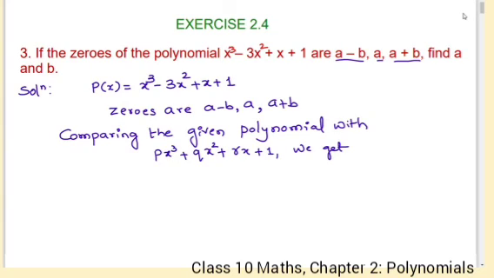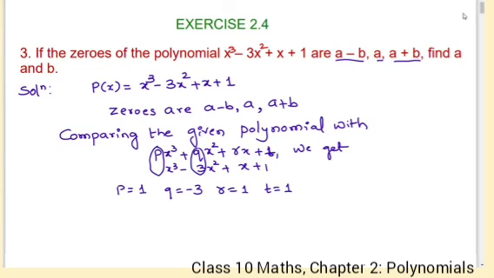Comparing the given polynomial with px cube plus qx square plus rx plus t, we get p is equal to 1, q is equal to minus 3, r is equal to 1, t is equal to 1.